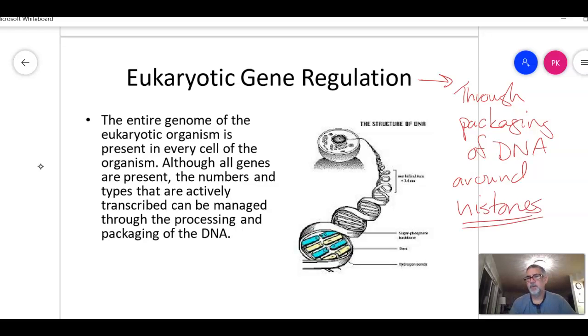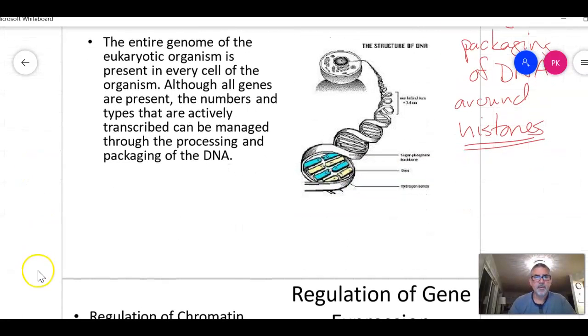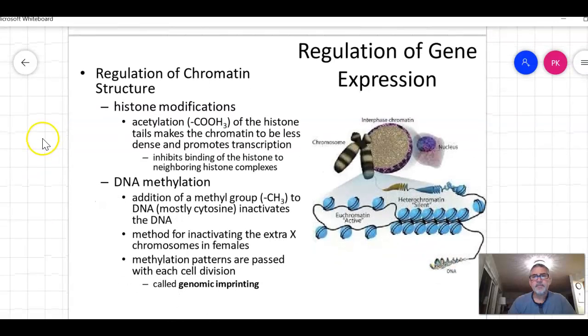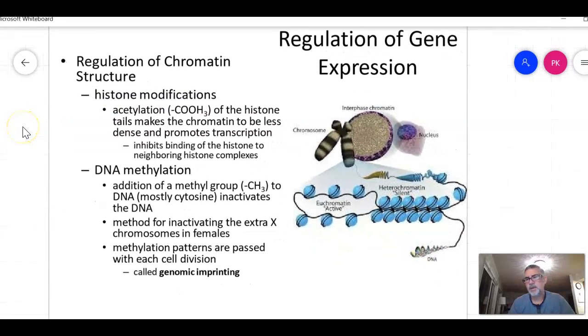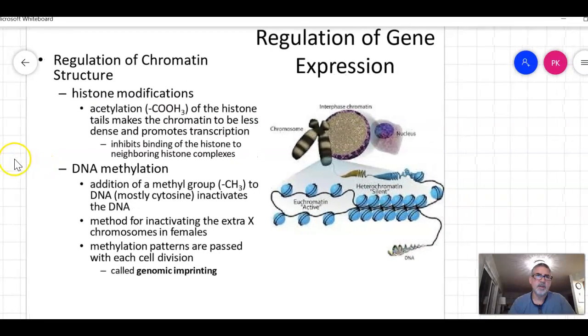We package DNA around proteins called histones. If the DNA is wound around a histone, then RNA polymerase can't get to it. Right? If it's loose through the middle, it can get to it. I'm not going to test you heavily on this. We'll probably get to this a little more later.